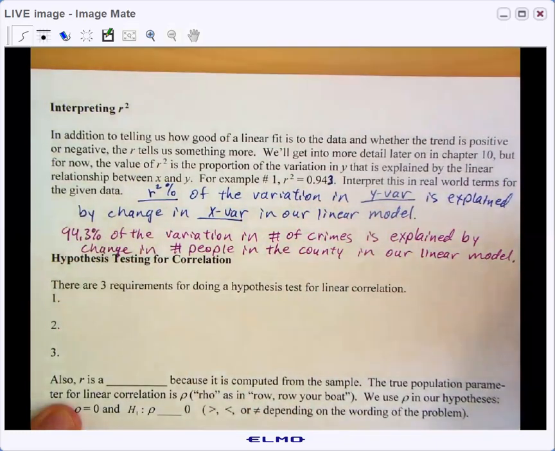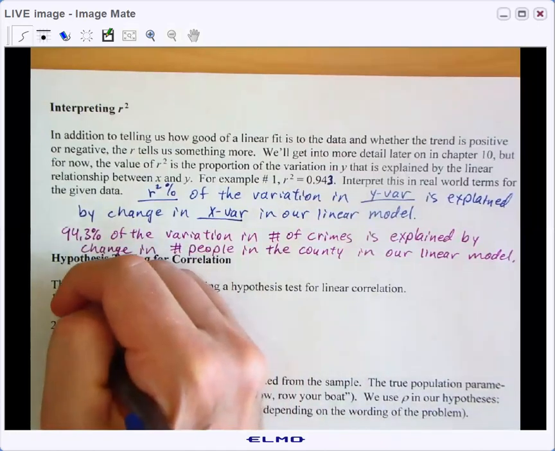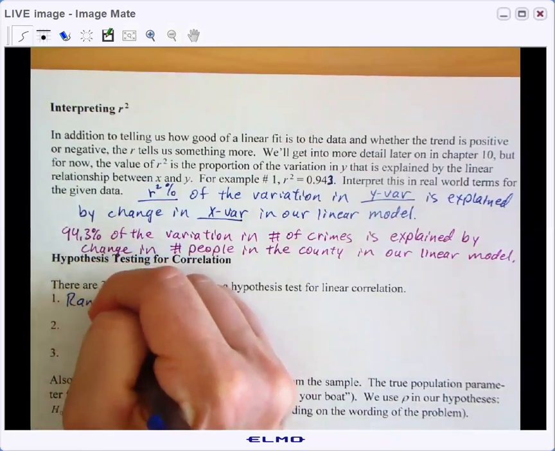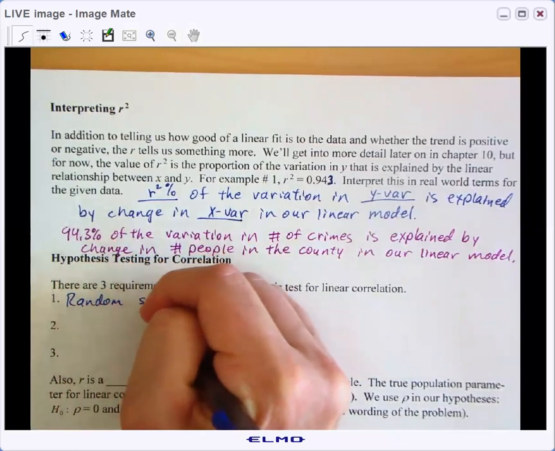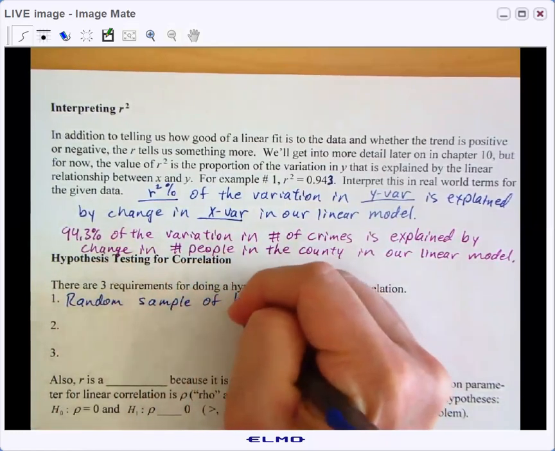Now we're ready for our hypothesis testing on correlation. Now there's 3 requirements for this to work. Okay. First one, we need to have a random sample of bivariate data.